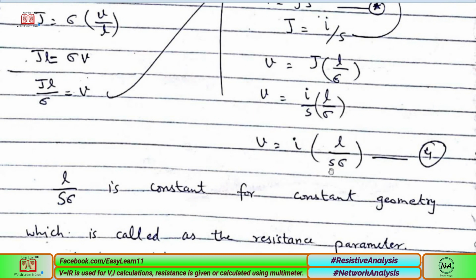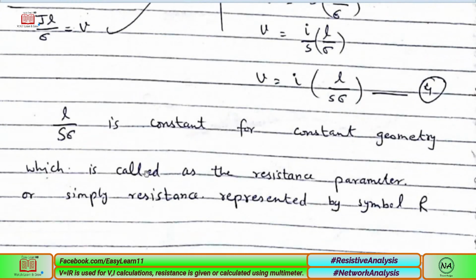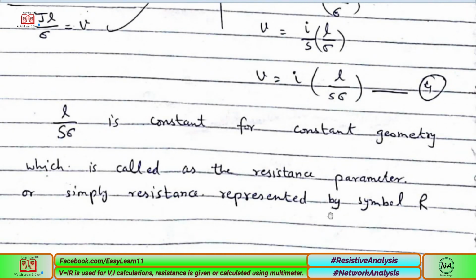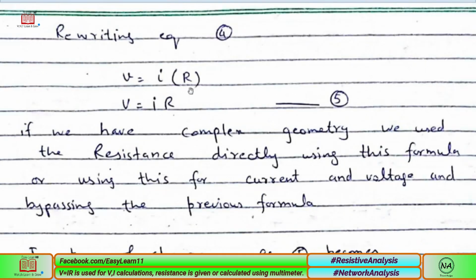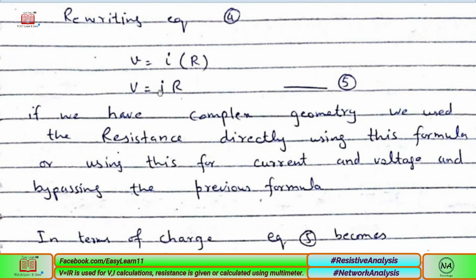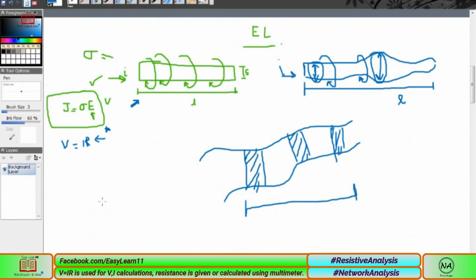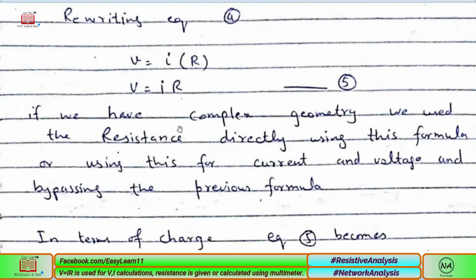V is equal to I, and now this is called a resistive parameter, simply resistance, and it is replaced with the symbol R, and the unit of the resistance is ohm. This is the symbol, the ohm is the unit, and R is the representation.